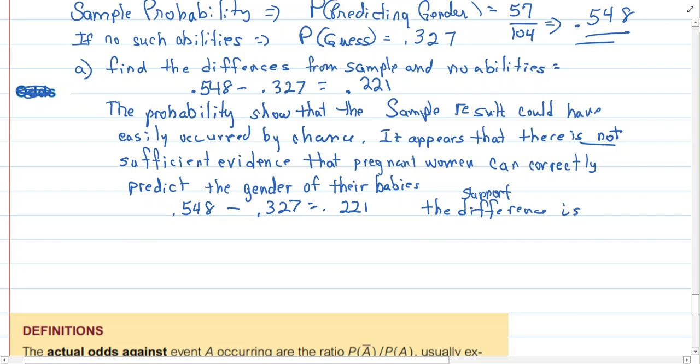The difference is greater than the 0.05, this number than this number.